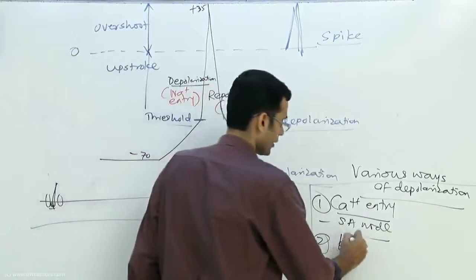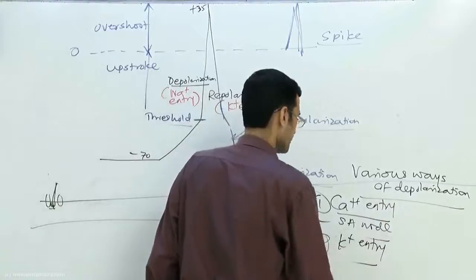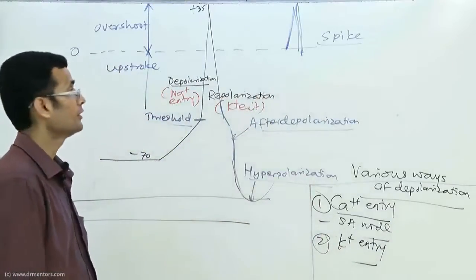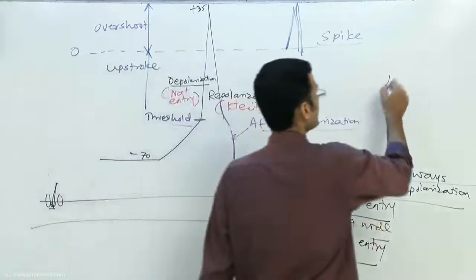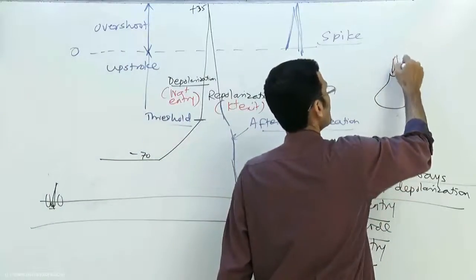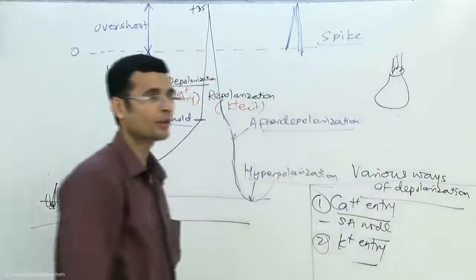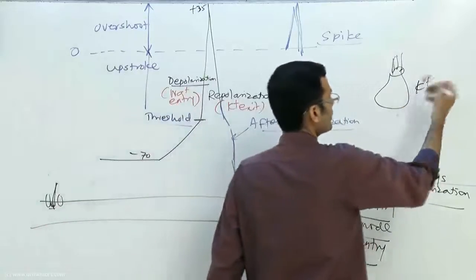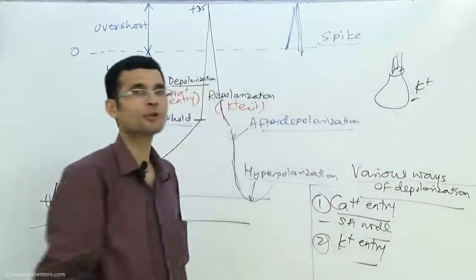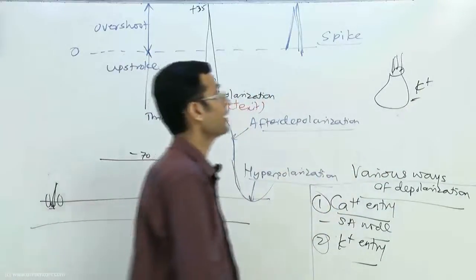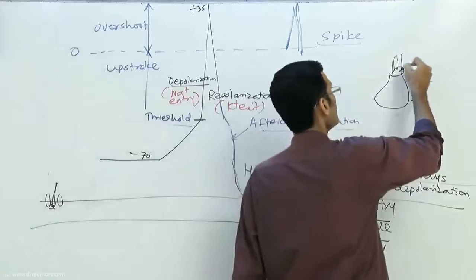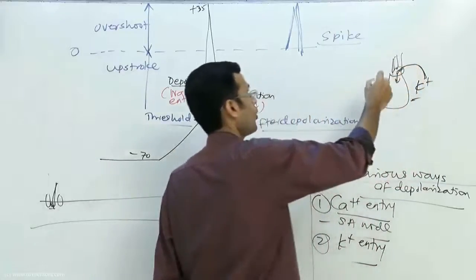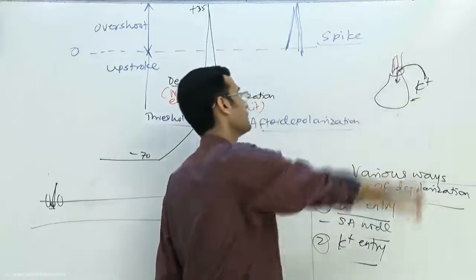Potassium entry can cause depolarization. Where? The answer obviously is hair cell. You know, the hair cell in the cochlea is surrounded by the endolymph, which has a rich potassium concentration. There is high potassium on the outside, and therefore potassium comes in at the top of the hair cell, or at the base of the stereocilia.